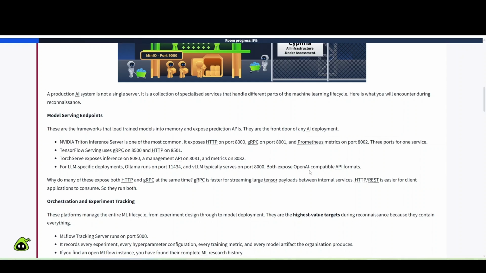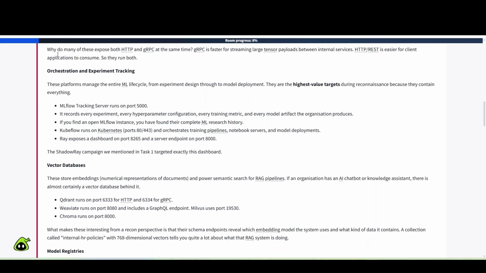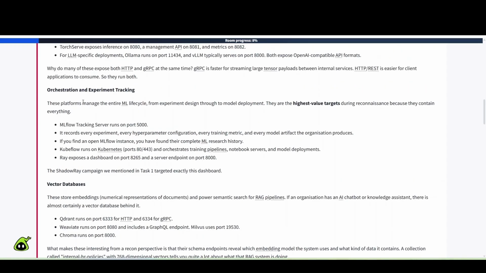Both expose OpenAI compatible API formats. Why do many of these expose both HTTP and gRPC at the same time? gRPC is faster for streaming large tensor payloads between internal services. HTTP/REST is easier for client applications to consume, so they run both.